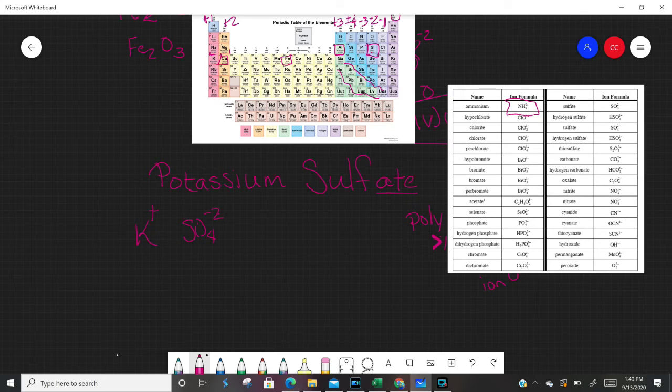So keep in mind, this is acting like one. Some people like to, and this includes me, go ahead and write the parentheses. When we balance equations, if there's more than one of them, you'll always see them in parentheses. So this -2 will go here. This +1 goes here. So you have K2SO4.